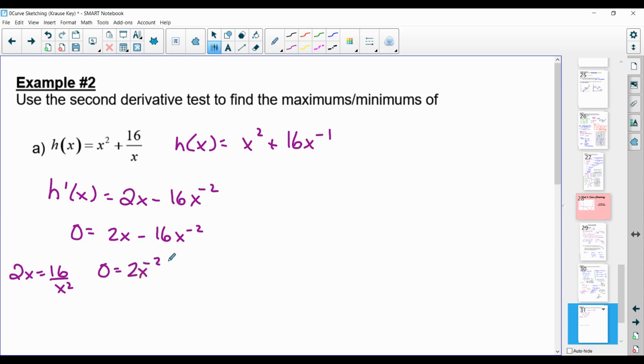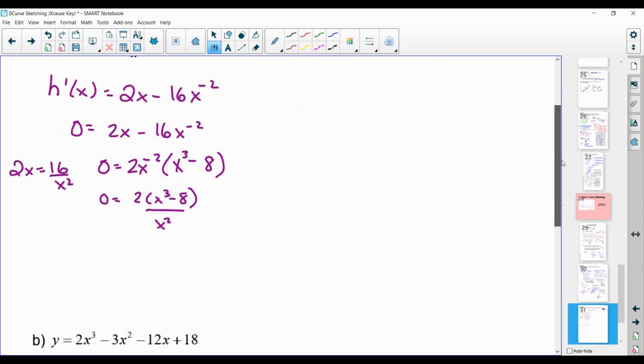We can pull out 2x to the -2, and that's 1. So x cubed minus 8. And then we could solve this. So we'd end up with the same as having 2 times x cubed minus 8 all over x squared. Again, we would still end up getting our same answers, and we would still have to consider that x is an NPV. So our x values are going to equal 0 and 2.